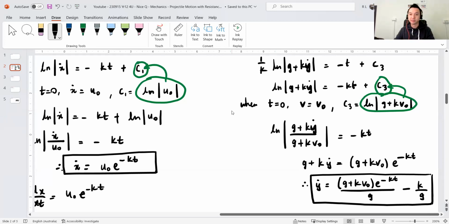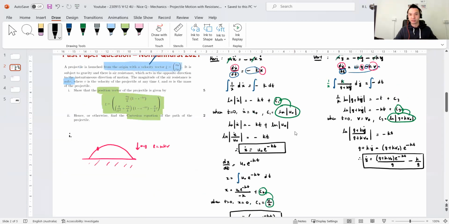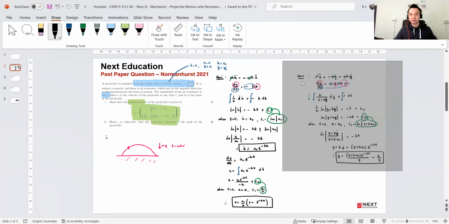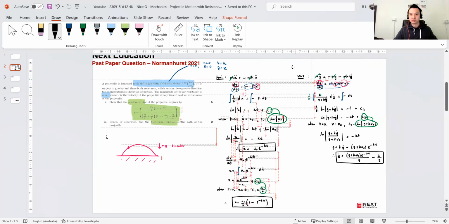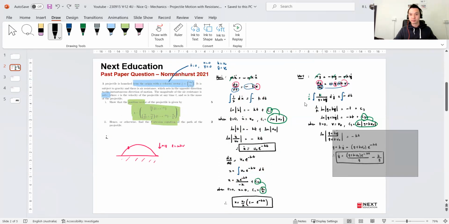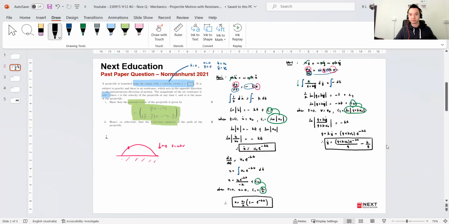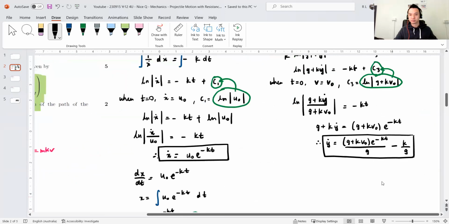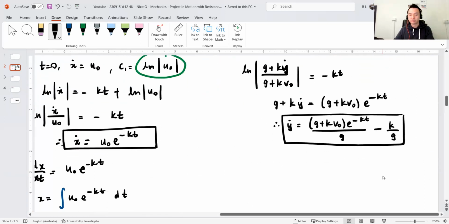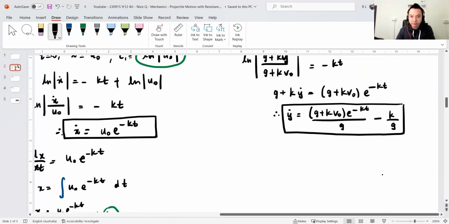And then once I get velocity, I feel like I need more space, so let me quickly move this up. Therefore dy/dt equals this guy.